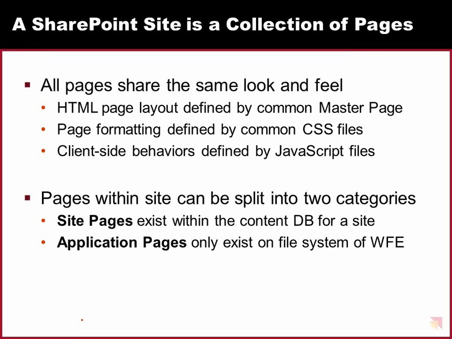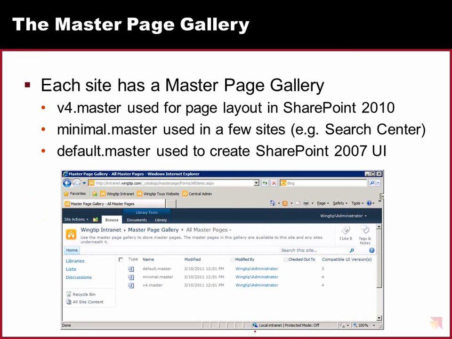And note that in SharePoint 2010, they've basically improved the infrastructure so the site pages and application pages can both look to a single master page in the master page gallery for the current site. Now, every single site has a master page gallery.